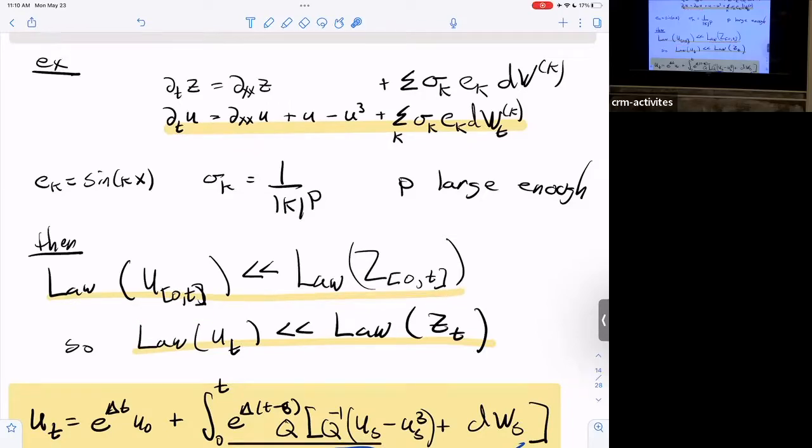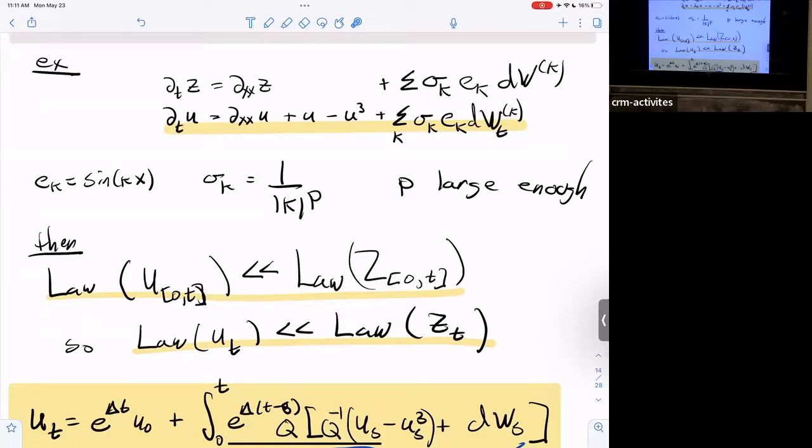So if I want to know anything about this solution, I could find out by studying this one. Almost sure properties, like the Hausdorff dimension of the zero crossings of this equation, will be the same as for this one. I mean the Hausdorff dimension, not how often it does things like that.